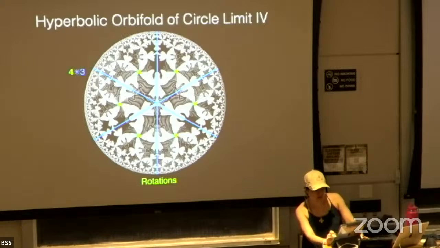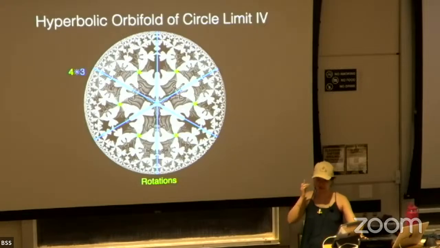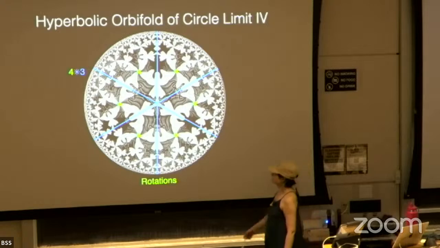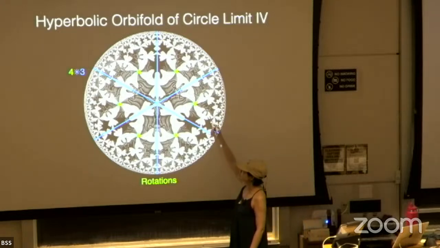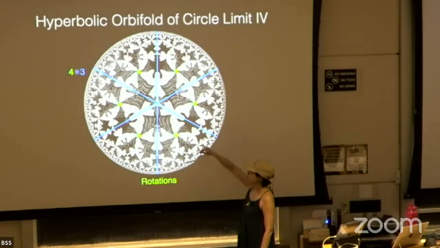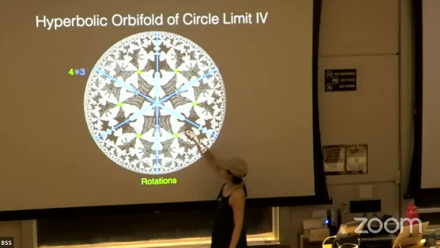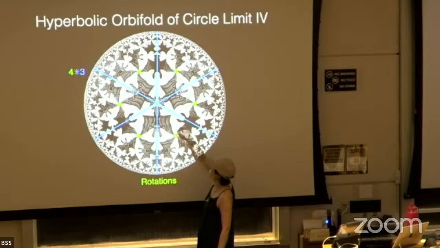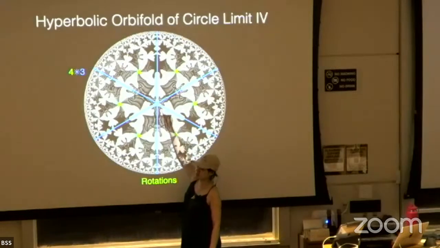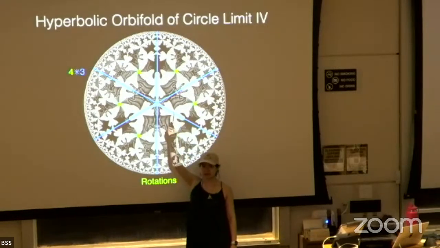So we can work on building orbifolds out of that. So in this particular case, we have 4 star 3. So we've got one rotation center that has 4 and then 3 mirrors that intersect. So remember we had, I guess, 4 star 2 was one of the flat ones.